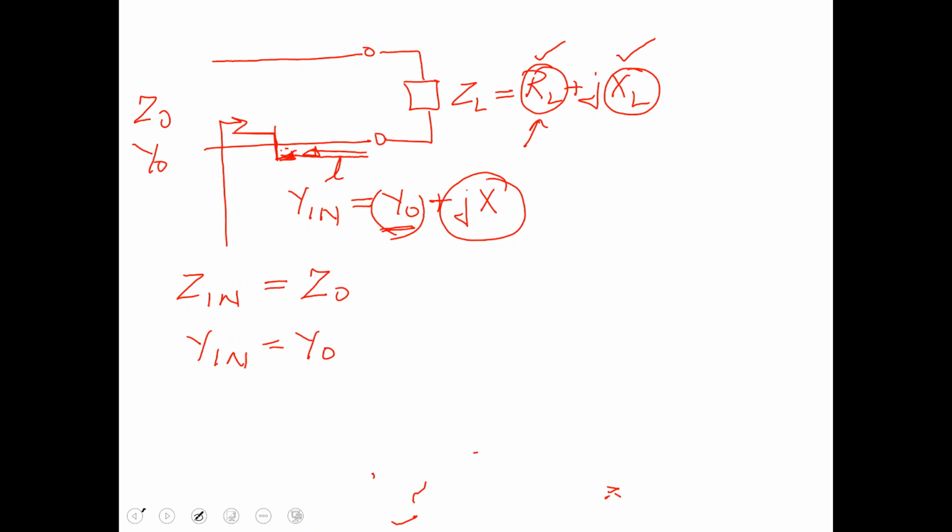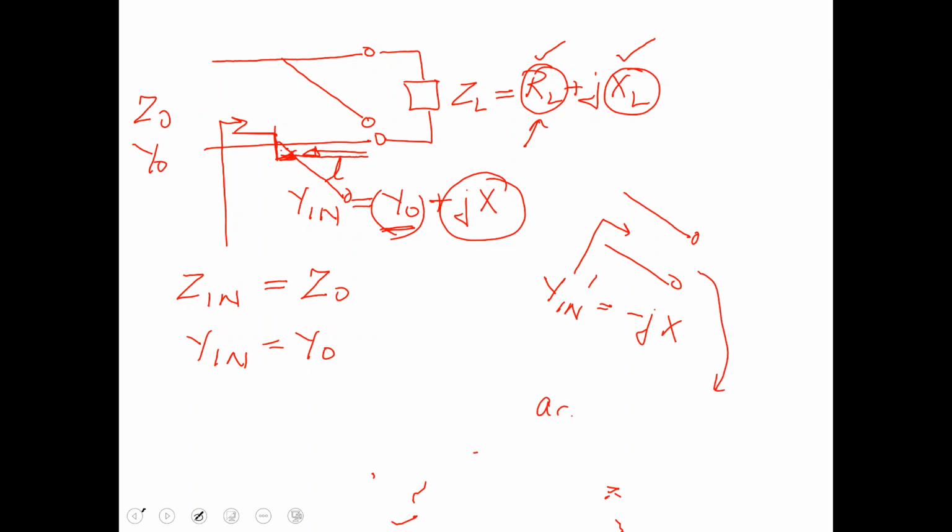And the second control comes from the fact that you put a stub, whether it's an open or a closed circuit, and this stub you put has Yin prime of minus jx. This stub basically acts like a reactive element.